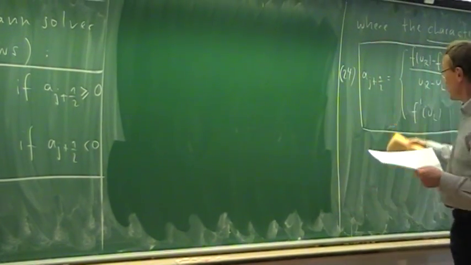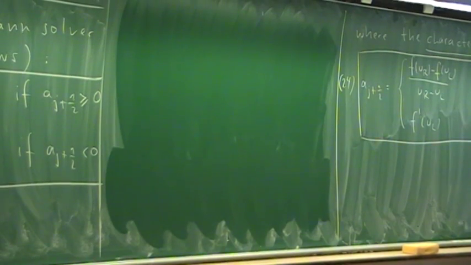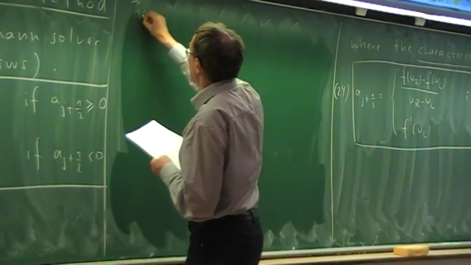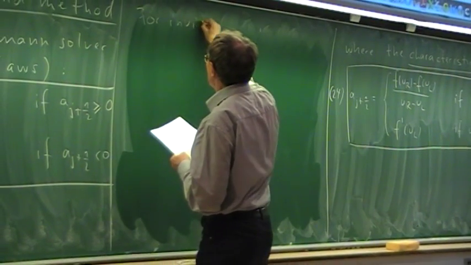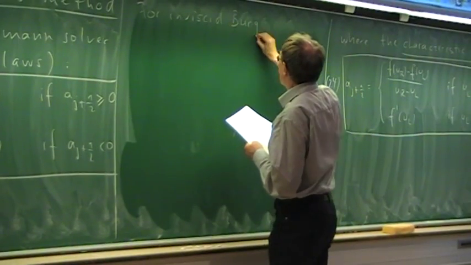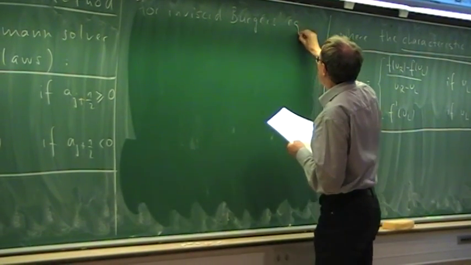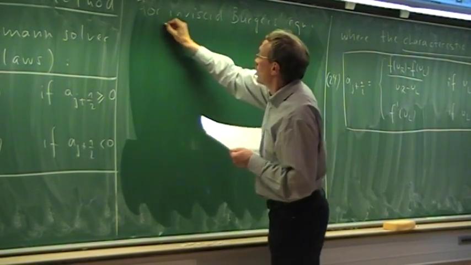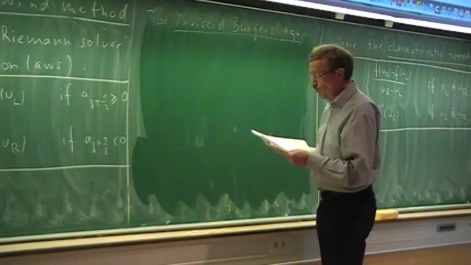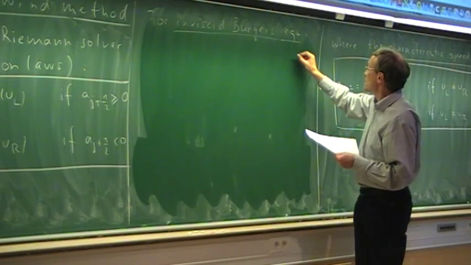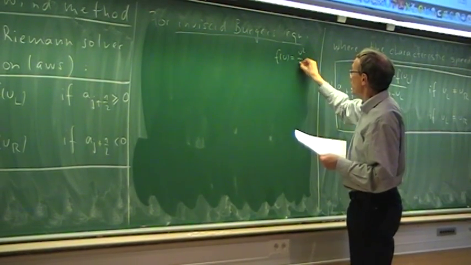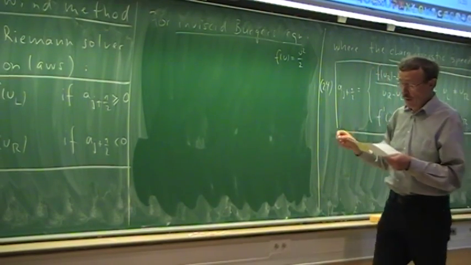First we check what will be the characteristic speed for the inviscid Burgers equation. Just to remind you, f of u is u squared over 2.